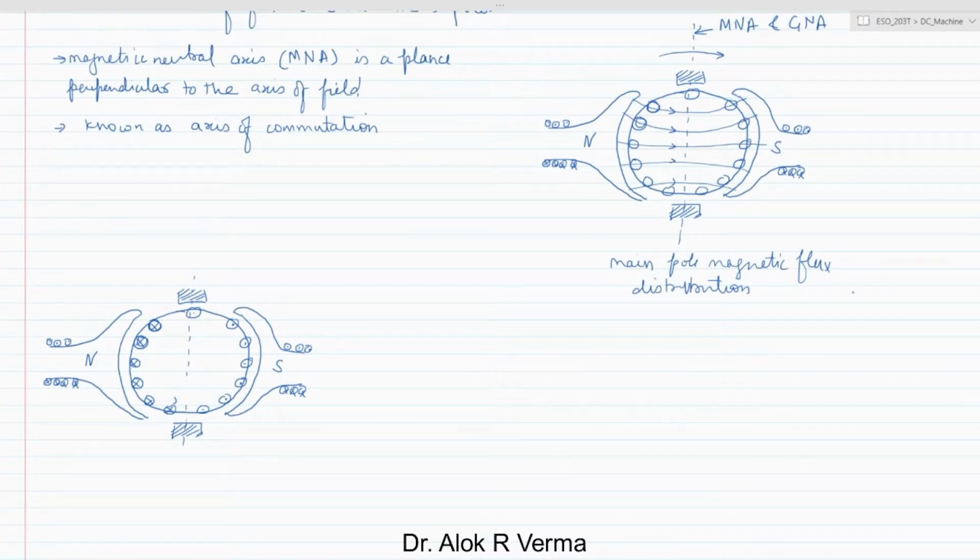The field lines will come in this direction, if you calculate. So these red color field lines are the armature flux distribution.